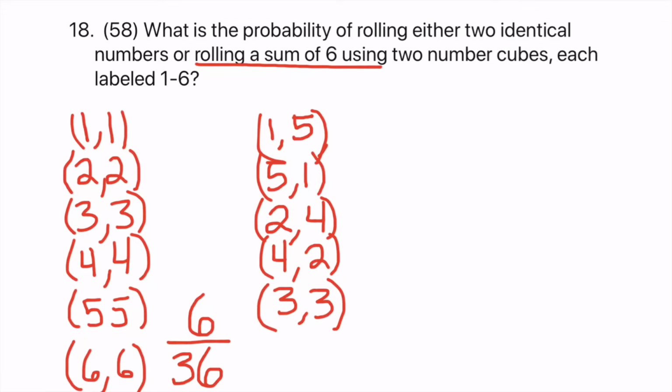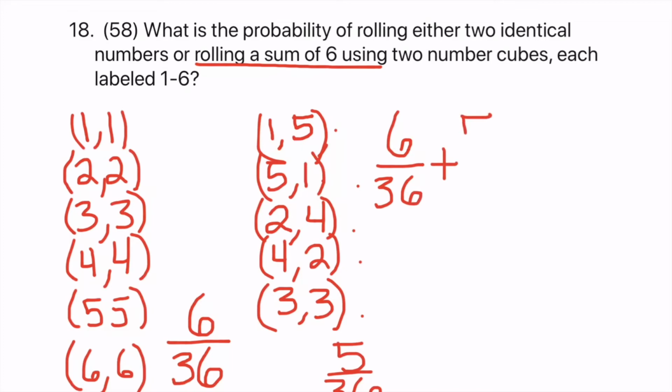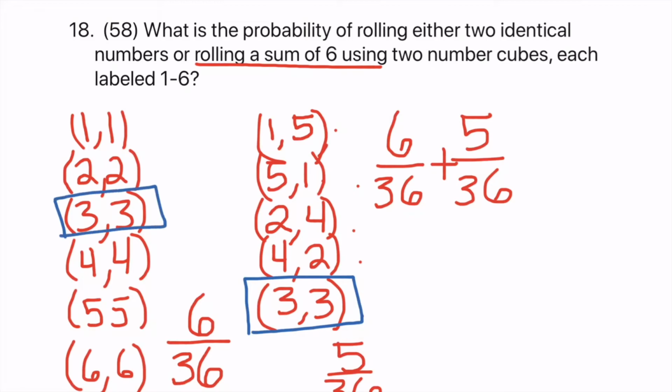So the probability of getting a sum of 6 is 1, 2, 3, 4, 5, 5 out of 36. So we would add these together, 6 out of 36 plus 5 out of 36. However, notice that two of these probabilities we counted twice. This 3, 3 over here and the 3, 3 over there.